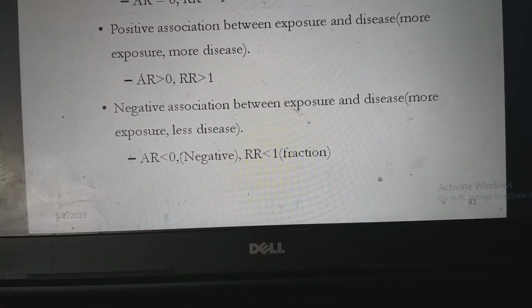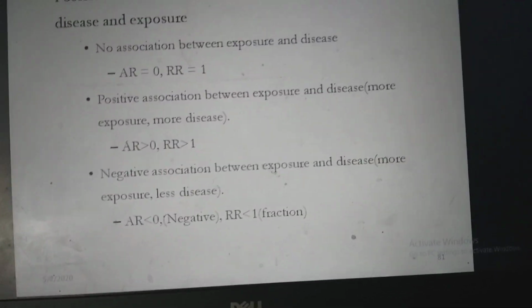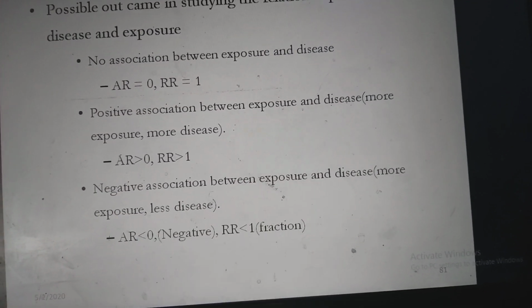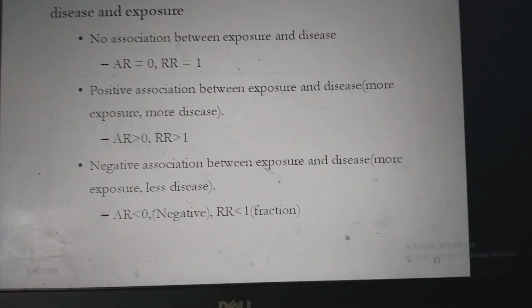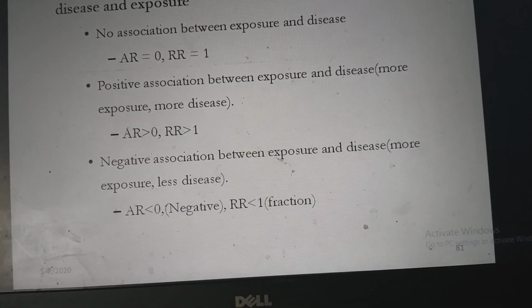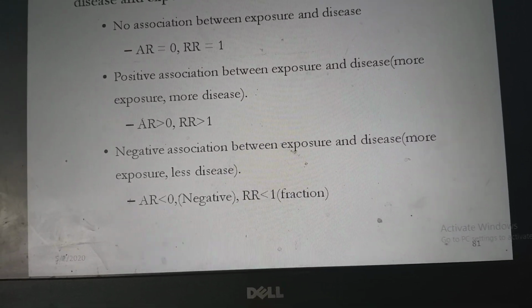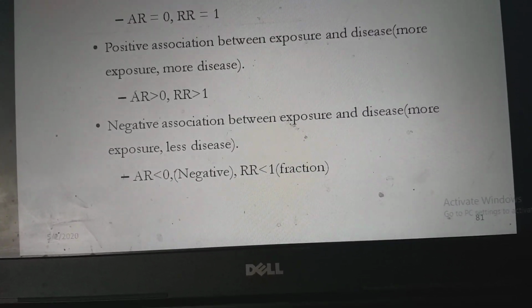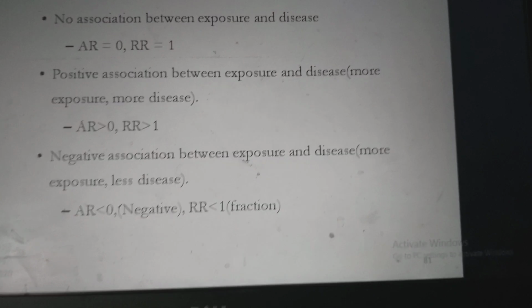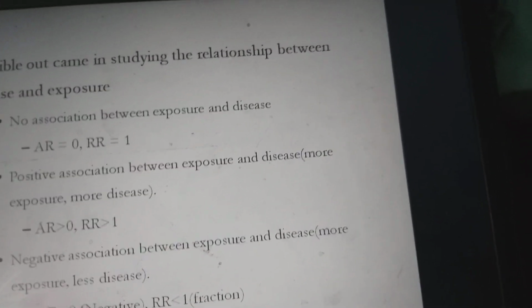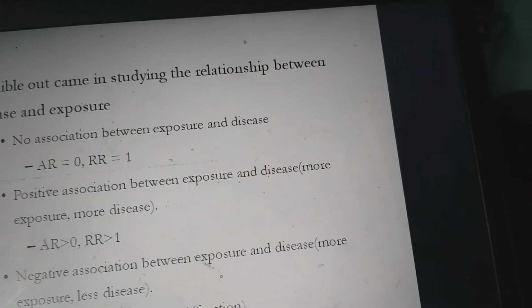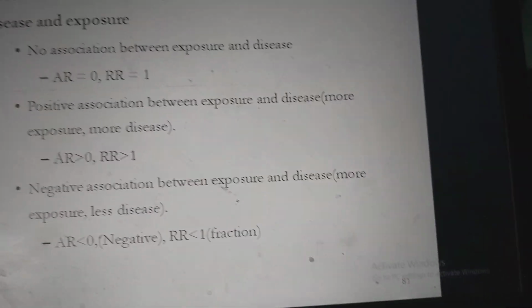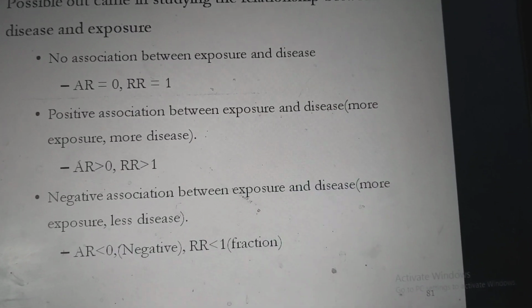Negative association between the two means the exposure acts as a treatment or protective for the disease. So this is what we call negative association between exposure and the disease. More exposure but less disease. This is what we call attributable risk less than 0, negative, or relative risk less than 1. That's what we call a fraction number.